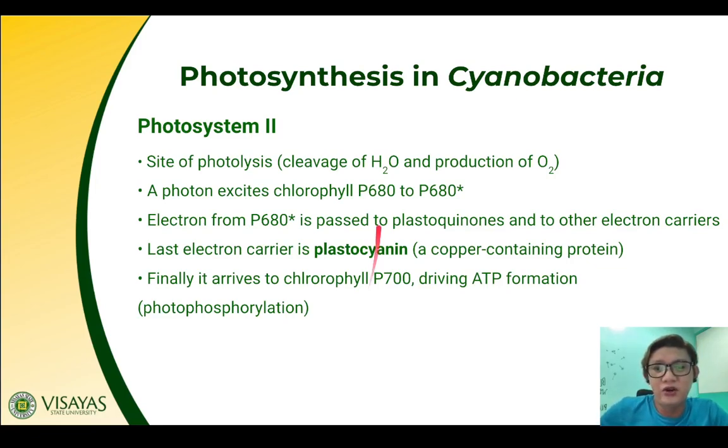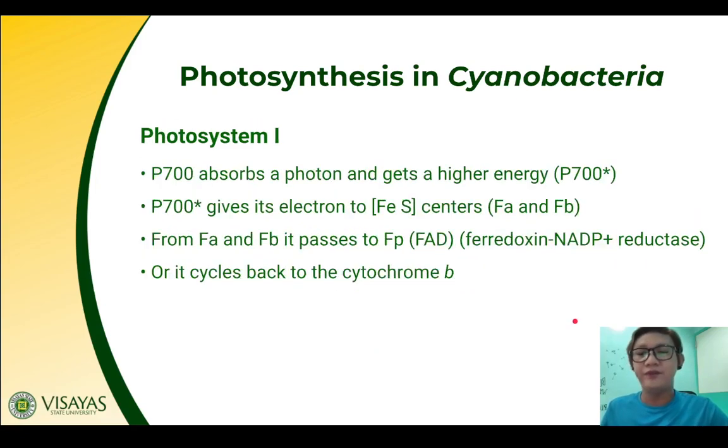Finally, it arrives at chlorophyll P700, driving ATP formation, what we call photophosphorylation. Photosystem 1, the P700, absorbs a photon and gets a higher energy, so it gives its electron to Fe-S centers. These are a series of electron acceptors, and the last electron acceptor is NADP+.